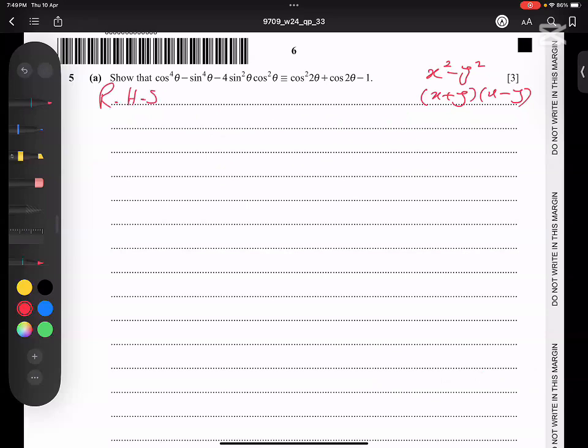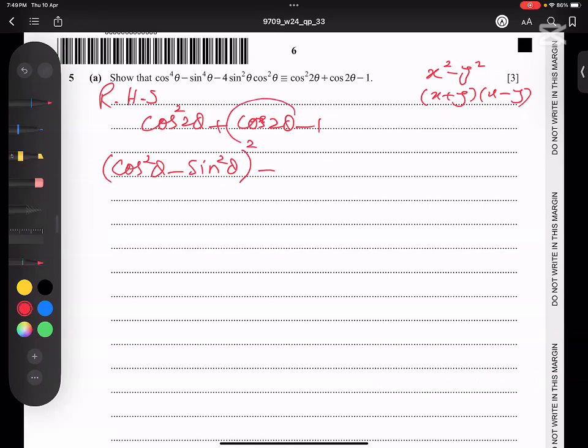So right hand side: cos square 2 theta plus cos 2 theta minus 1. What is this formula, students? I just said we have cos square theta minus sine square theta, and this power 2 comes on the top. So this may become easy for you.